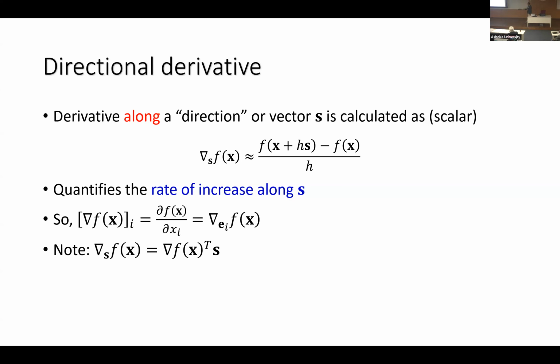And also the directional derivative along s is basically the inner product of gradient with s. So this is interesting. Inner product of the gradient with s is actually the directional derivative, which is defined like this.